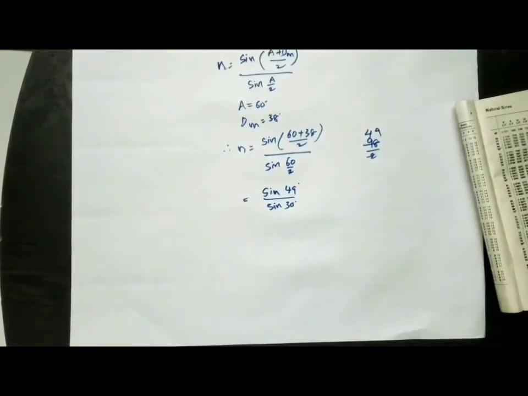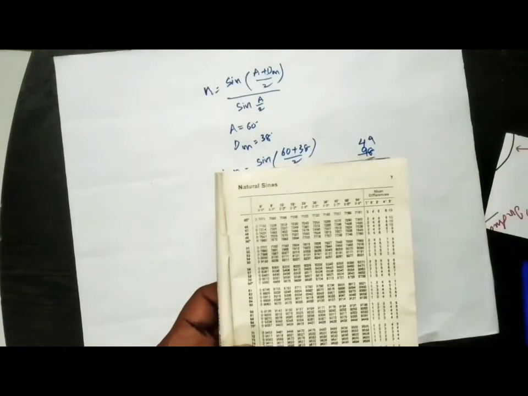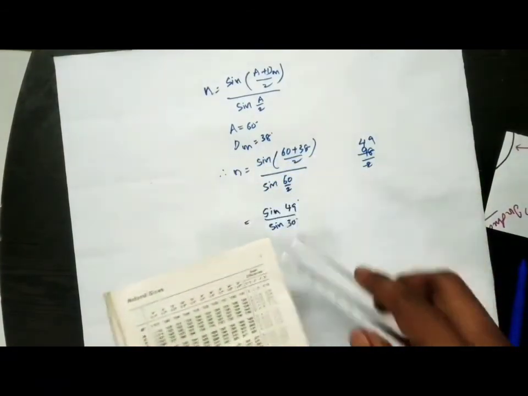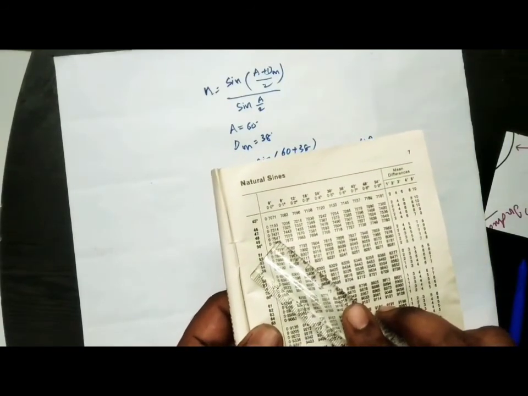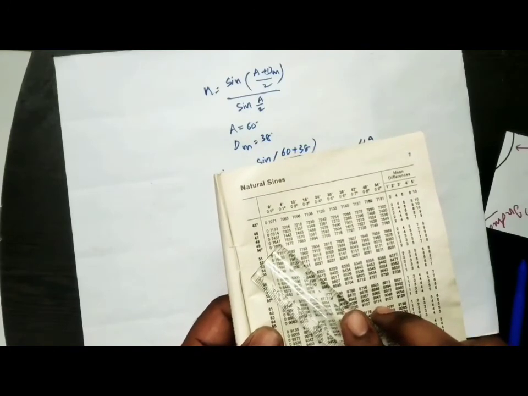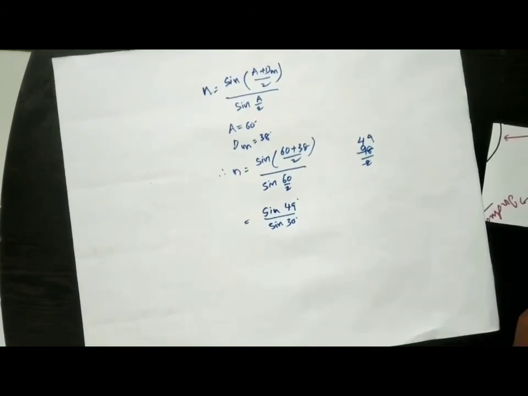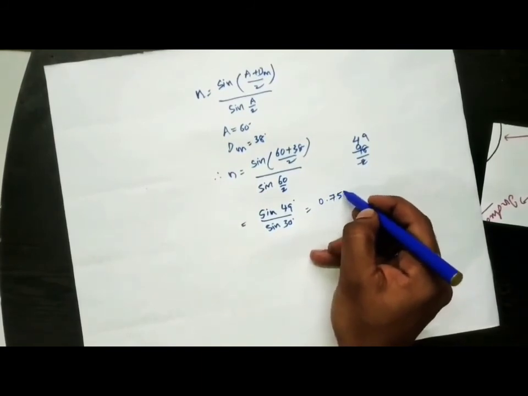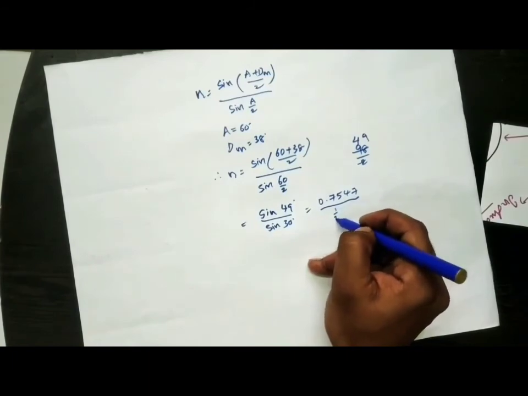Now with the help of a logarithmic table or sine table, we will use the sine table to find the sine 49 value. So sine 49, you can see from here, is 0.7547. So we will substitute the value 0.7547 in the numerator. So 0.7547 divided by the sine 30 value, which is 1 by 2.